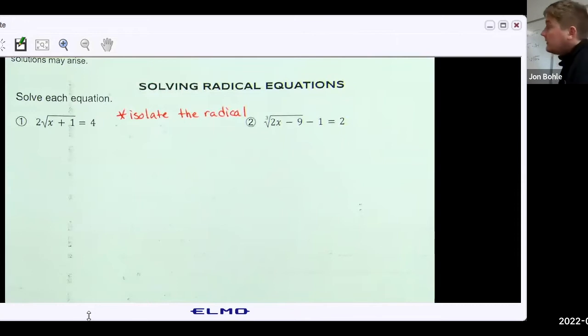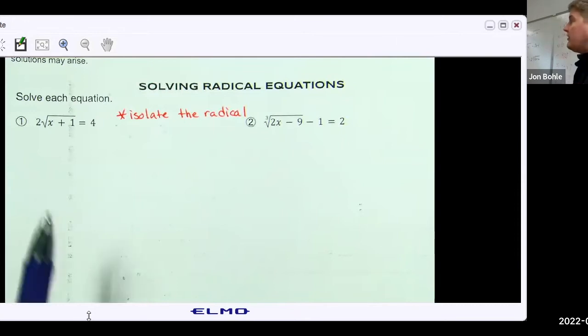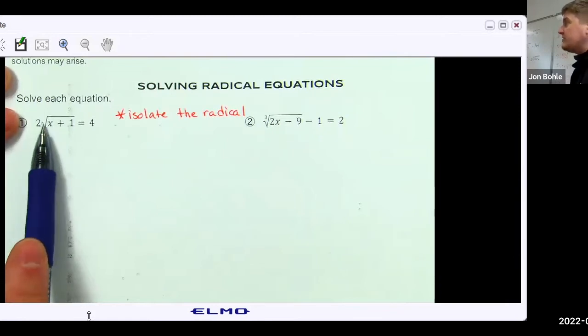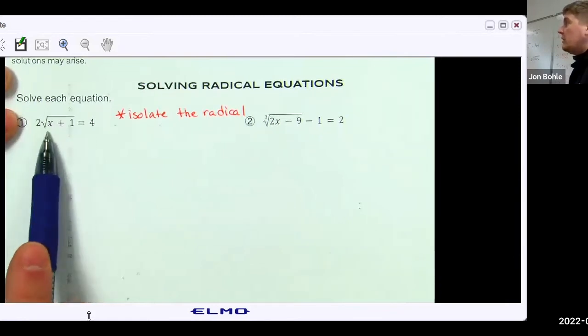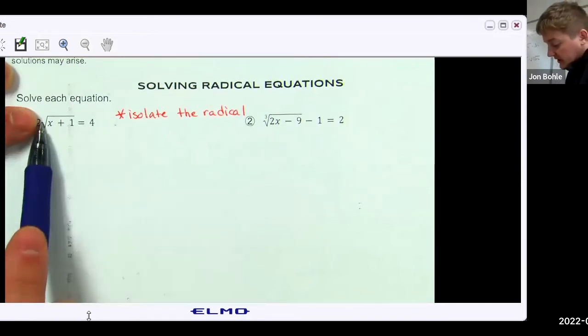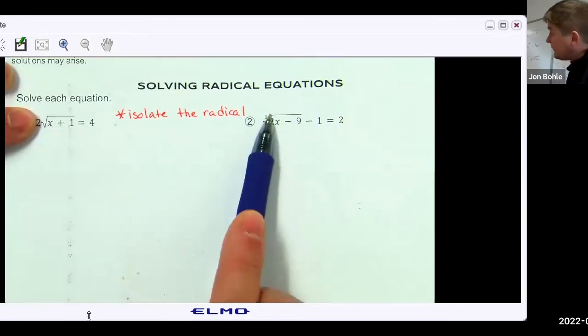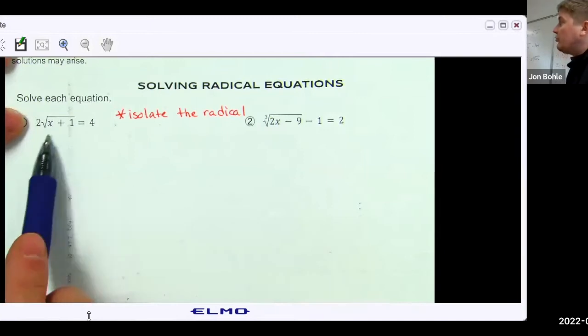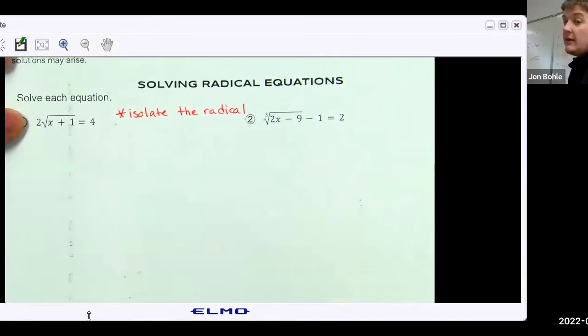So if you look at this problem here, I have this little 2 outside the radical. Remember, the radical is like the rooting symbol. So it's like this thing here and then this thing here. That's a radical, the rooting symbol. Okay. So when I have a 2 right next to it, what math operation is that?